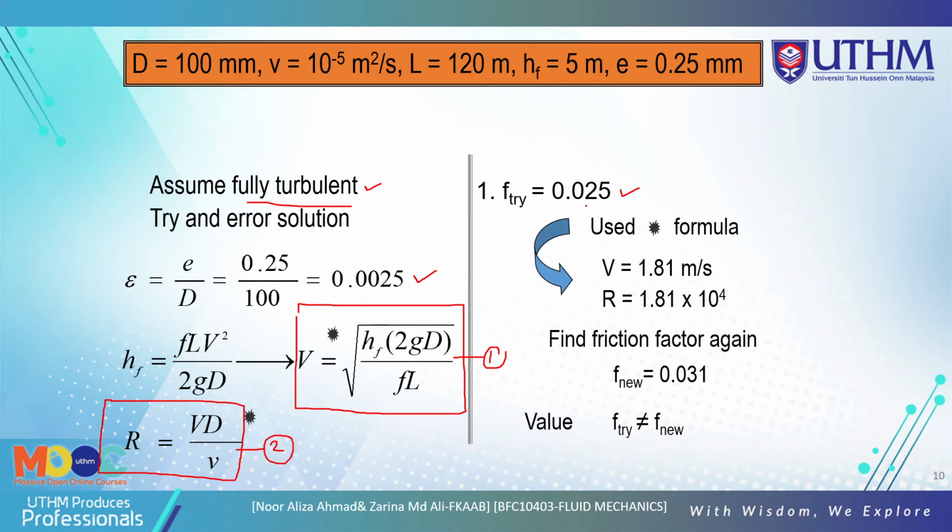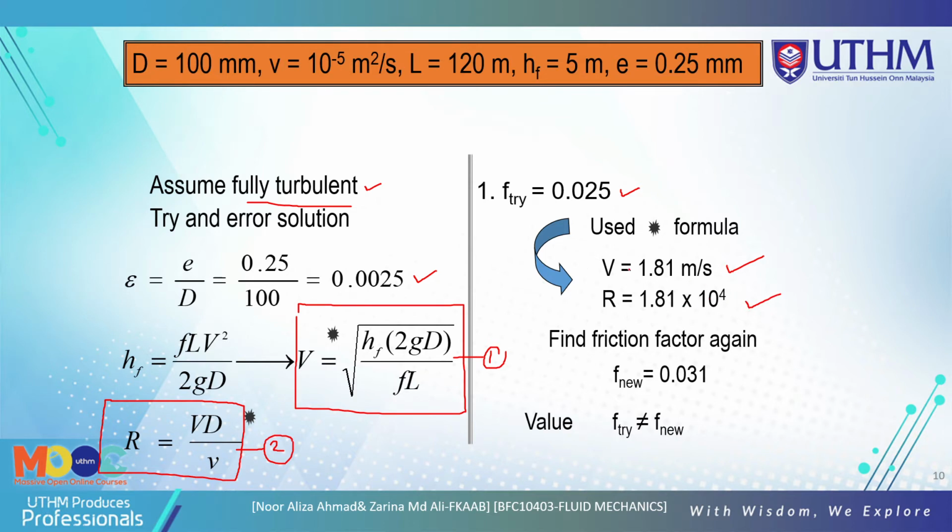After you assume the F trial is 0.025, you put it into formula 1 to get the velocity. So we get a velocity of 1.81 meter per second. Then put the velocity back in formula 2 to get the Reynolds number. So you get the Reynolds number of 1.81 times 10 power 4.